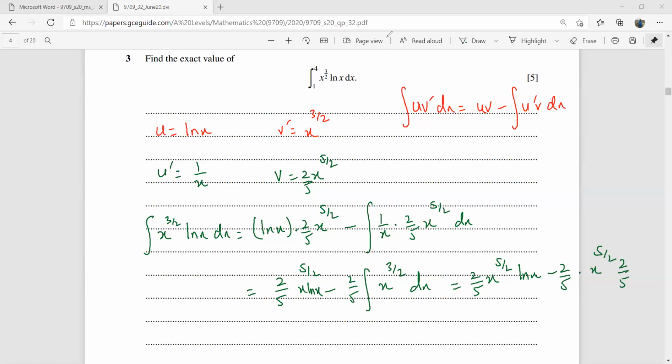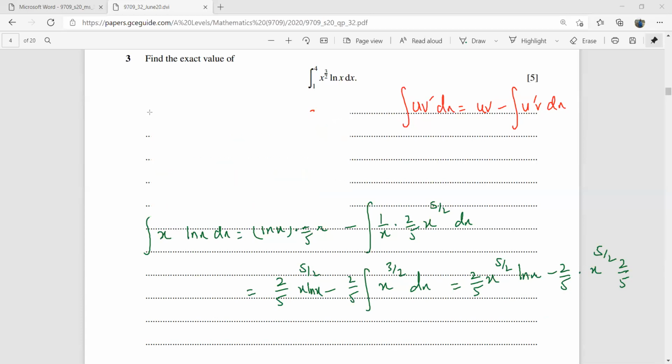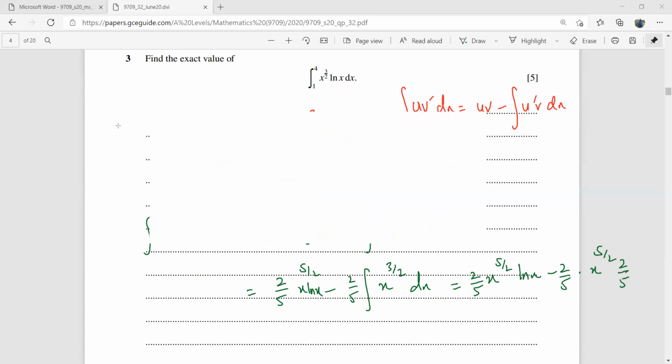Or maybe in the next step, let me clear this area. Okay, so let me write it down now. So this is going to be the limit from 1 to 4. That is, you have to write all of this.